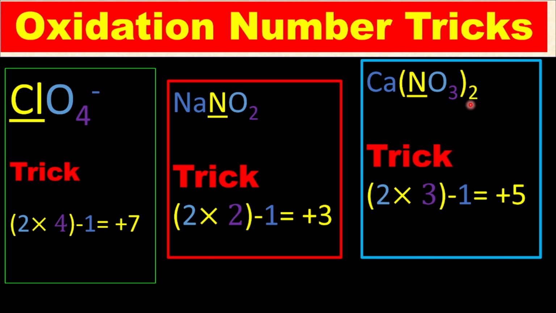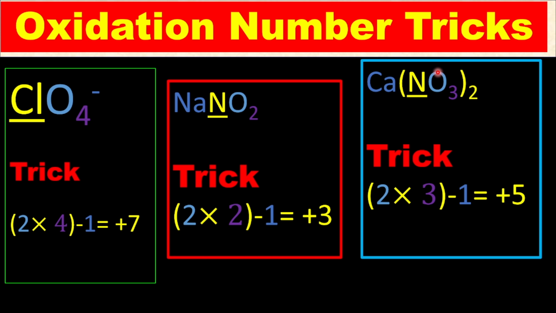As I said, if there is a number crossing, it tells you something. Now over here, we have Ca(NO3)2, meaning that this 2 came from Ca. But over here, we are not seeing any number attached to Ca, which tells you that the radical here is having a charge of 1, and that is what we are going to use. As I said, we don't depend on a number attached to the radical.